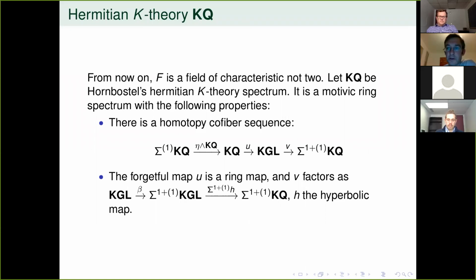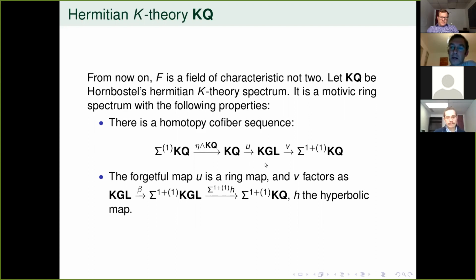And so the Q stands for quadratic, because it classifies vector bundles with a quadratic form on them. And again, I would like to list similarities with the topological situation. So Hermitian K-theory behaves to algebraic K-theory as real topological K-theory to complex topological K-theory.